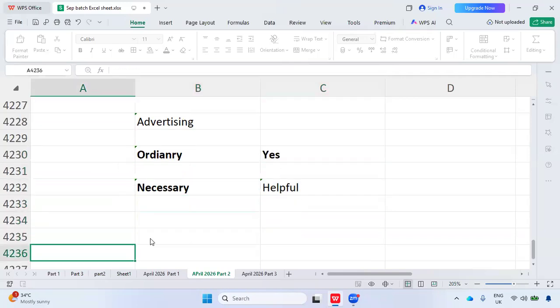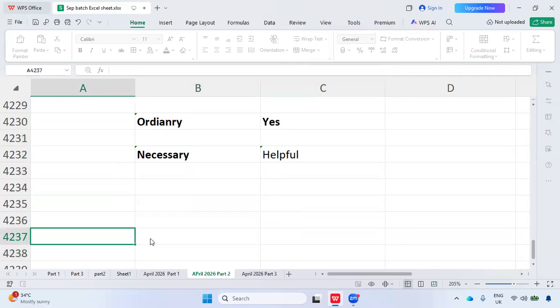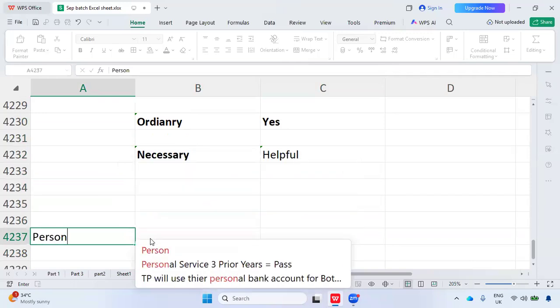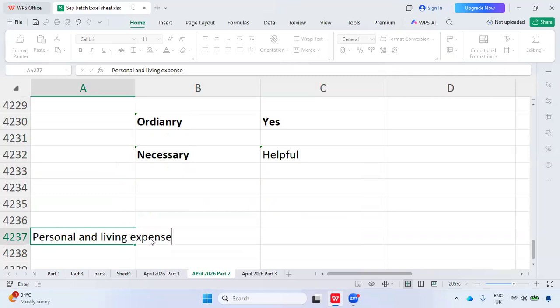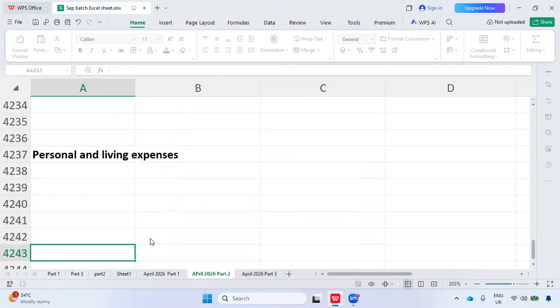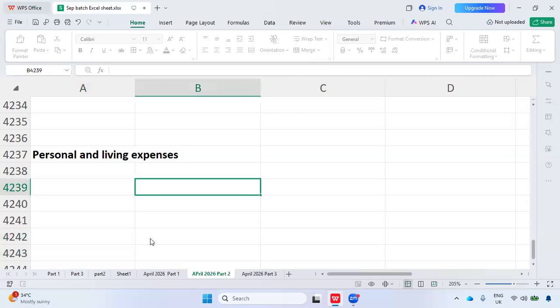So next one, personal and living expenses. What is the business to claim as an expense? Those should not be personal and those should not be living expenses. So what is personal expenses?